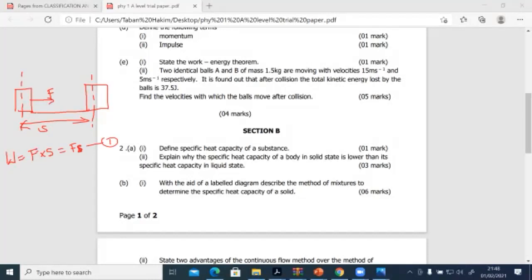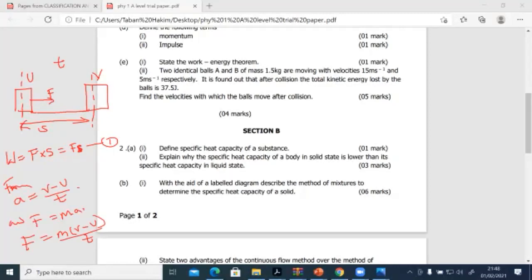And then also, if I change this distance S in terms of U, V and A, if the body starts with velocity U and ends with velocity V in a time t, acceleration is equal to V minus U over t, and force F is equal to MA, so my force F is equal to the mass times V minus U over t.